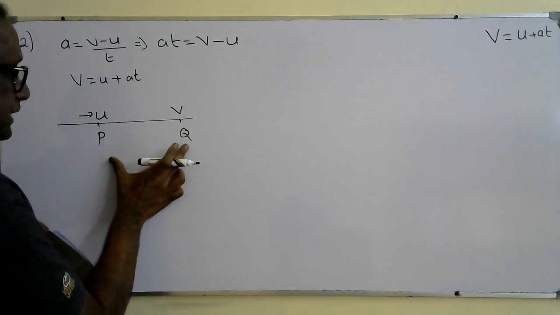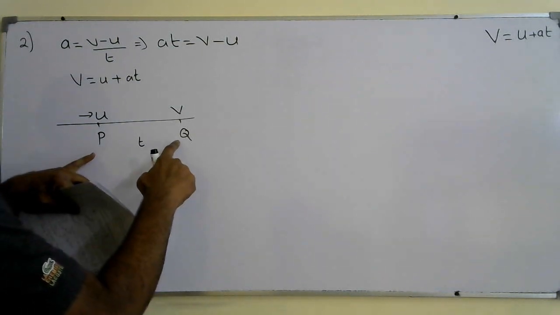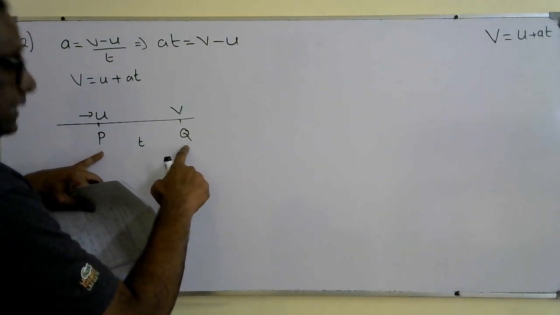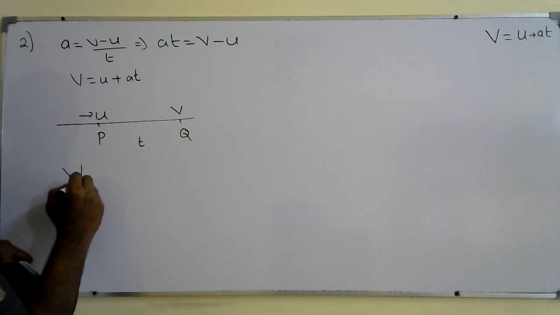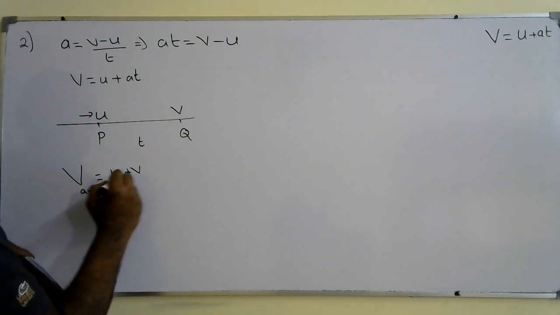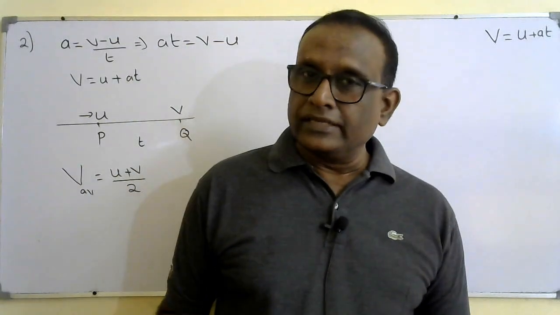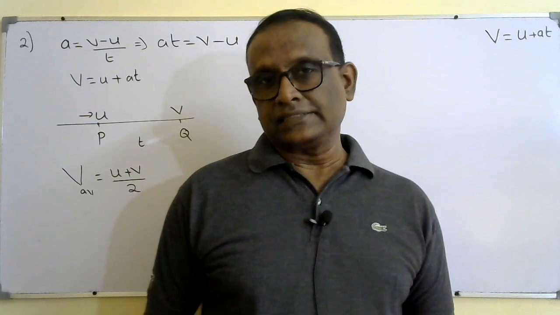If the time duration from P to Q is t, the average velocity during the time t is given by (u plus v) by 2. We can find (u plus v) by 2 only when the object has uniform acceleration, right?